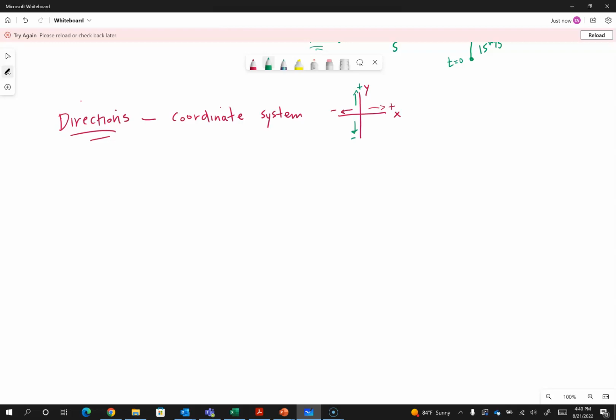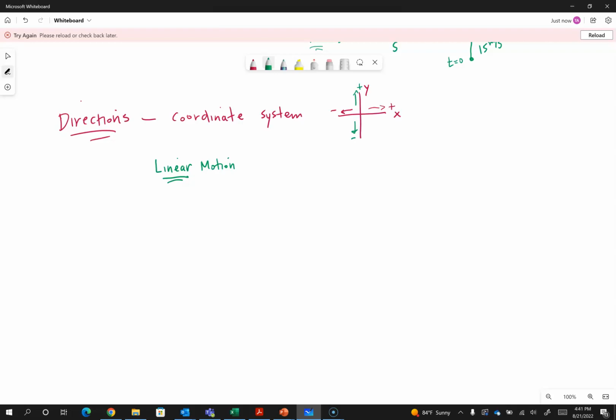Now, when objects start moving, imagine somebody hitting a golf ball. The golf ball obviously does not move in a straight line. It gets more involved to describe how things are changing both horizontally and vertically, which we're going to get to. But right now, just as a reminder, we're going to talk specifically about linear motion, straight line motion. So whatever object we're talking about could be moving to the right, it could be moving to the left.